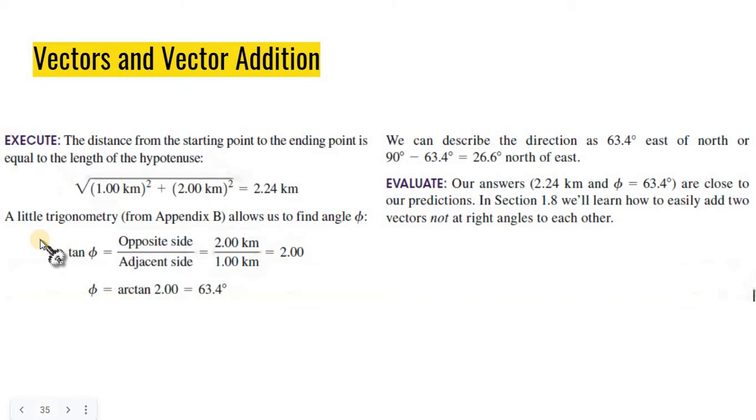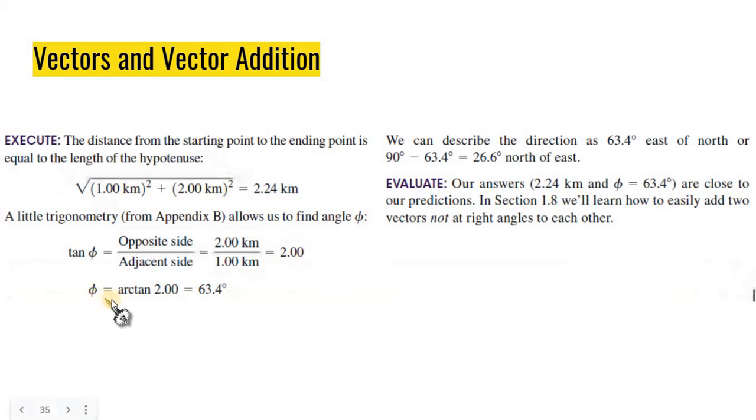For the direction, you will use a little trigonometry. Tangent of the angle equals opposite side divided by adjacent side, equals 2 kilometers divided by 1 kilometer, which is just equal to 2.